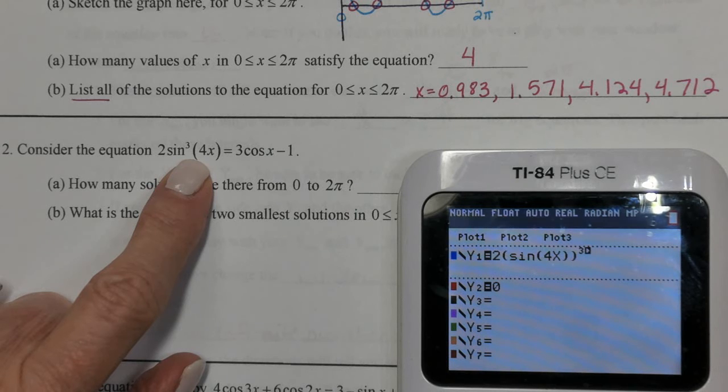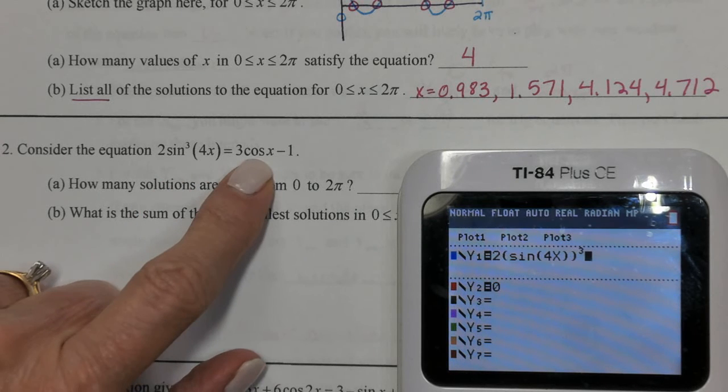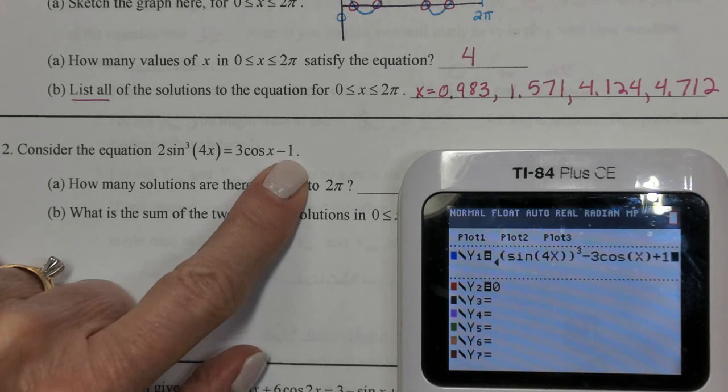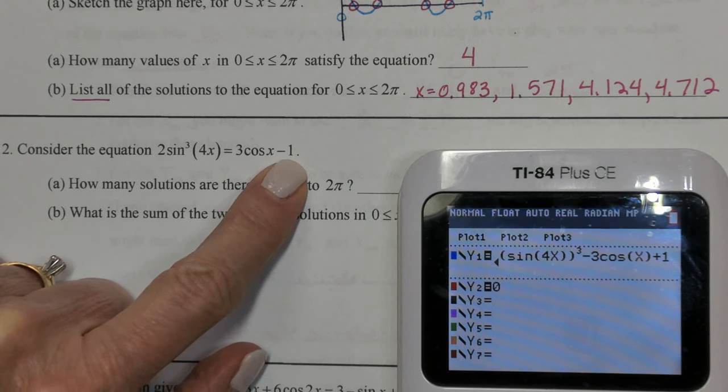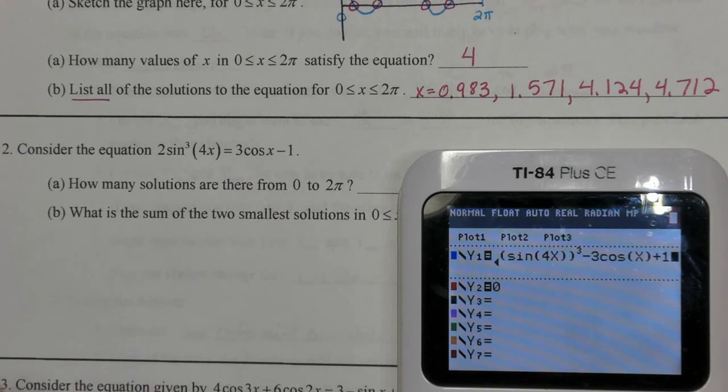Power of 3. I am going to get 0 on one side, so I'm going to subtract 3 cosine x, and I'm going to add 1. So that will be my left-hand side of the equation, and 0 will be on the right-hand side.